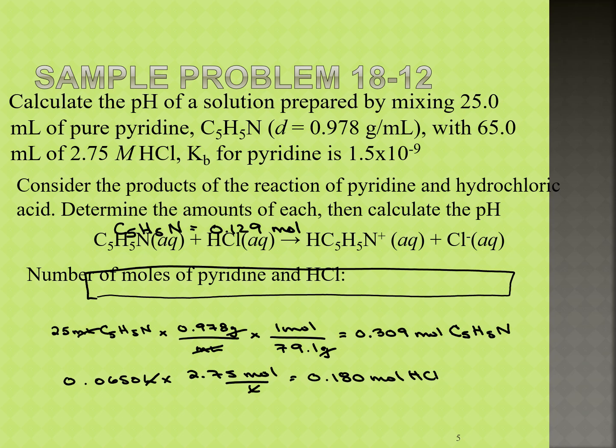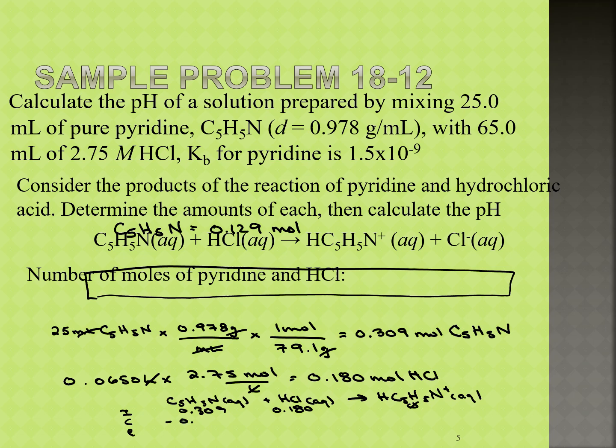I could set up an ICE table then and see what we have at the end. So I have 0.309, I have 0.180, and I have none of that.